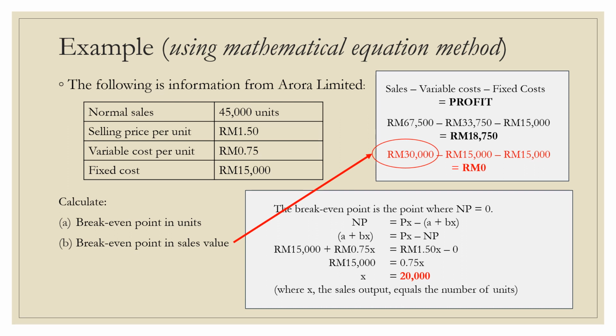If you put this figure into the equation, you get zero profit. So you have to make sales of 30,000 in order to break even. After the break-even point, you can start making profits.